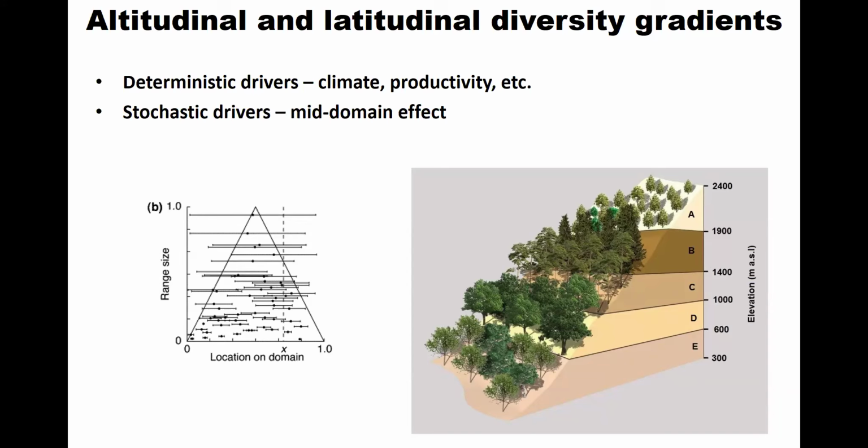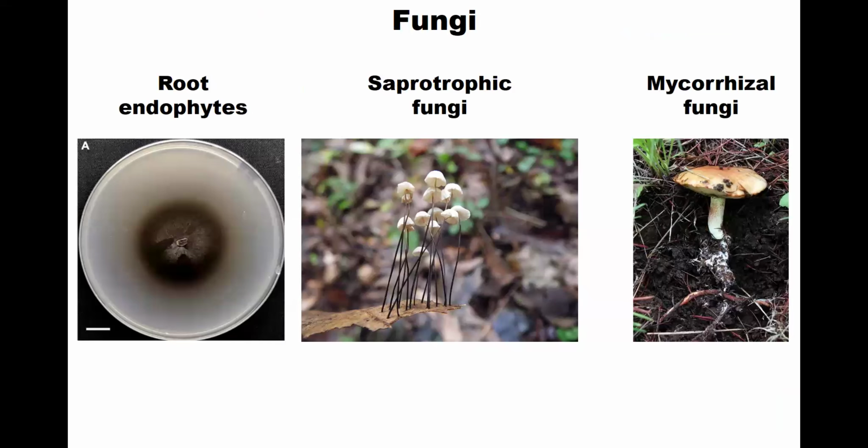What we were trying to do was disentangle the effects of deterministic and stochastic factors on the distribution of fungi. We particularly focused on three fungal ecological groups: saprotrophic fungi, mycorrhizal fungi, and fungal root endophytes, which were the most prominent in our sampling, and are also very important ecological drivers of, for example, carbon cycling, nitrogen, and phosphorus.